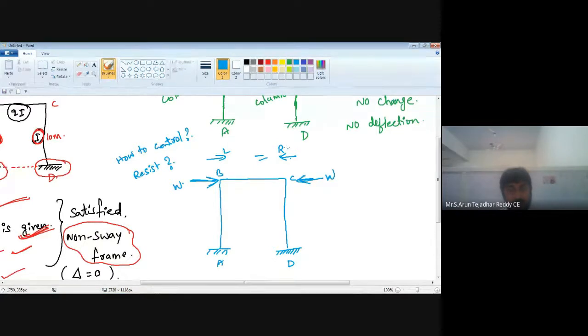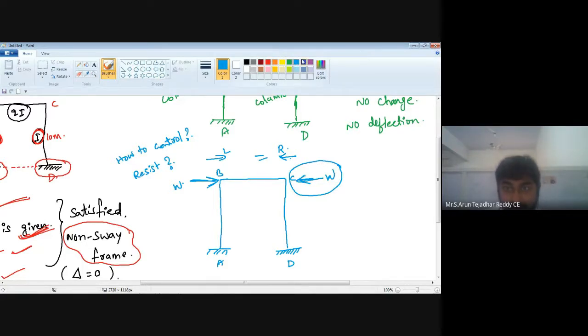So we can control by applying both loads, left side as well as right side. Suppose here we don't have any load. But how to control that structure, or else how to resist that structure?